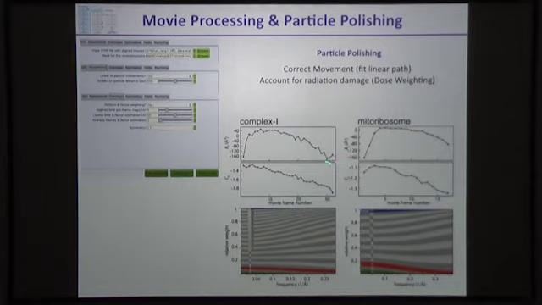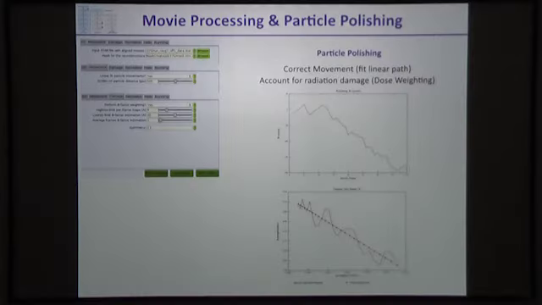By doing this, we can weight the information in a frequency-dependent manner for every frame, correct for radiation damage across your movie, and improve the signal. This is independent from your input; it is based on the data.